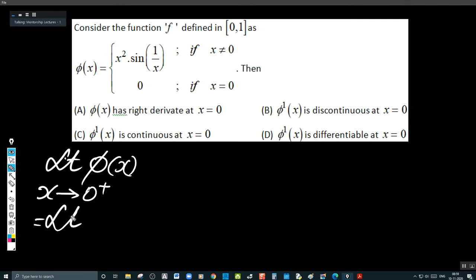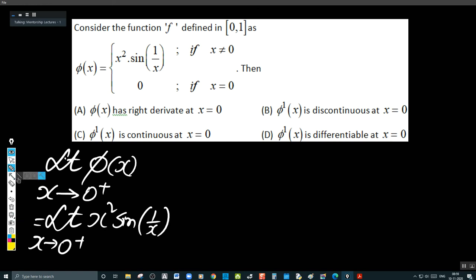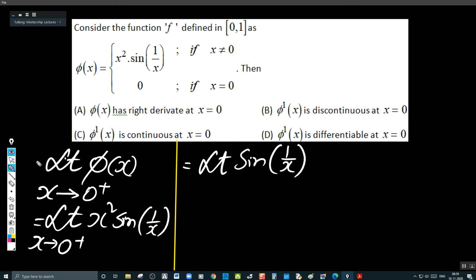So, limit of x squared sine 1 by x as x tends to 0 plus can be written as limit of, we did this type of problem already, sine of 1 by x all divided by 1 by x squared, as 1 by x tends to plus infinity.